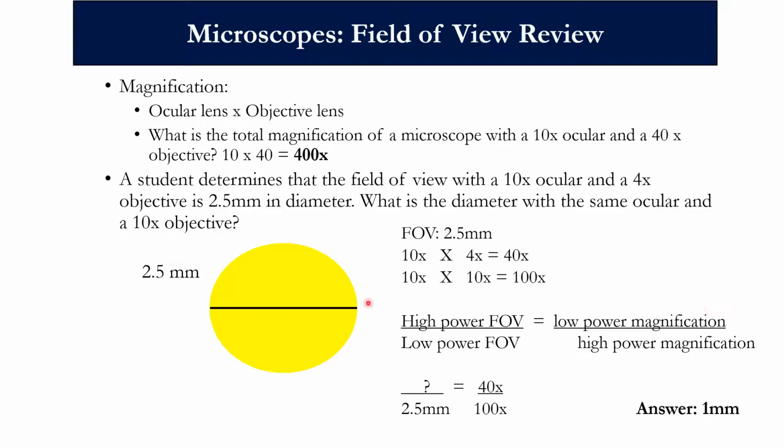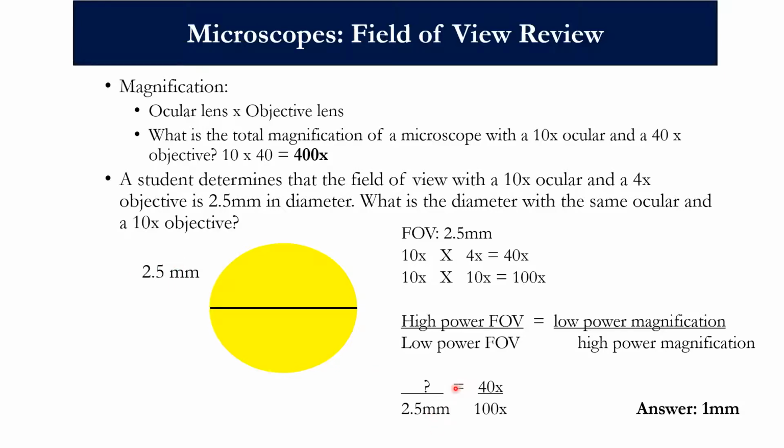So you're going to use this formula to determine this. It's going to be your high power field of view over your low power field of view equals your low power magnification over your high power magnification. So just go ahead and fill this in. We don't know our high power field of view. That's what we want to determine, so that's going to be X. Our low power field of view is 2.5 millimeters, so we're going to plug that in here.